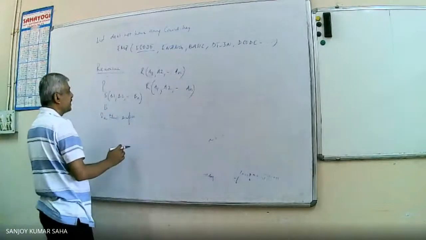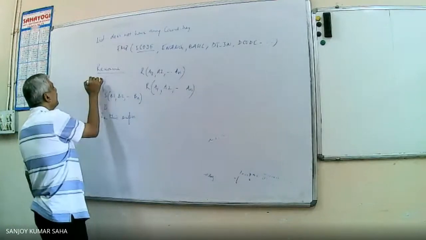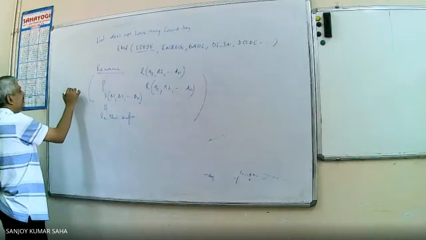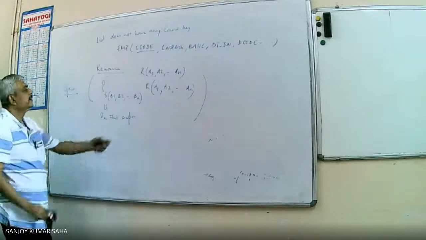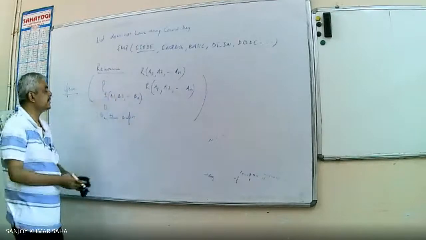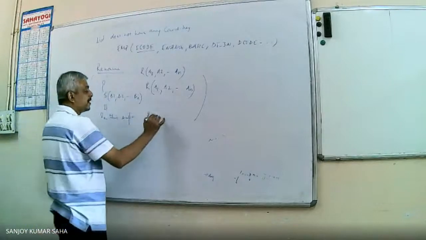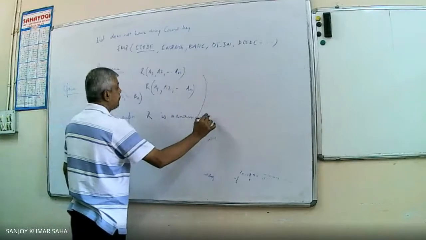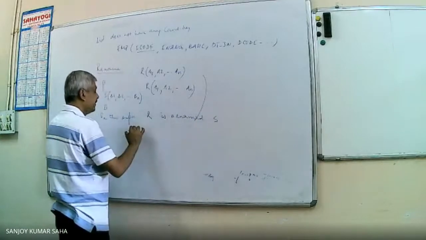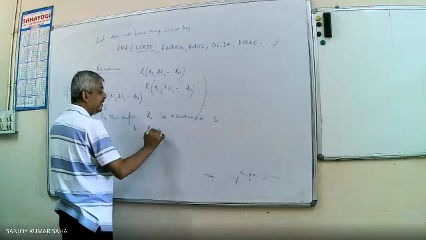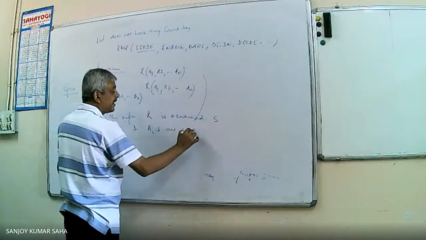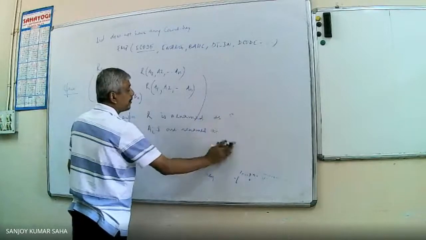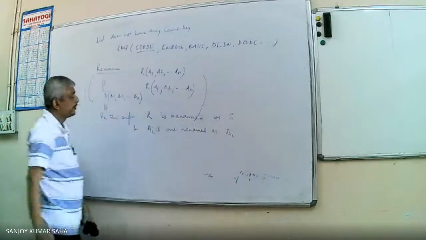So in this expression, say if I go for some operation here, then here we can use this thing. So in this expression, the relation R is renamed as S and the Ai's are renamed as Bi.